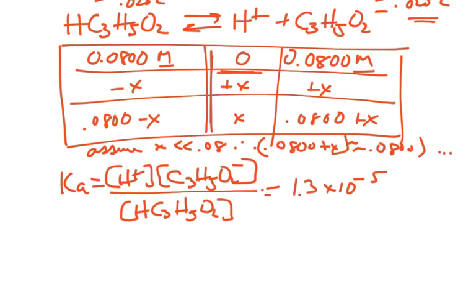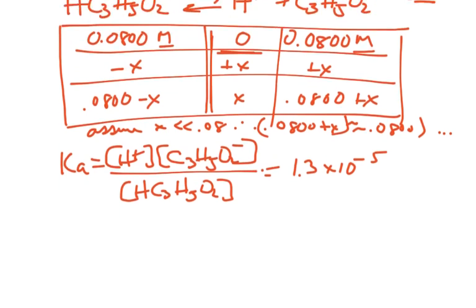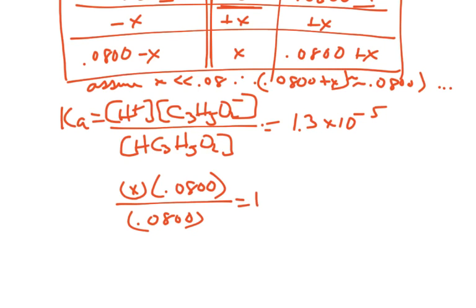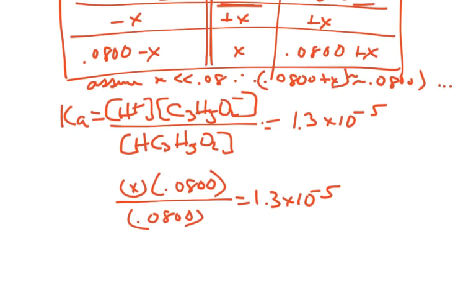So there's more there. I didn't leave myself room to fit that in. Okay, so let's substitute in. I have x times 0.0800 divided by 0.0800 equals 1.3 times 10 to the negative 5. So we can see that our value of x is 1.3 times 10 to the minus 5.